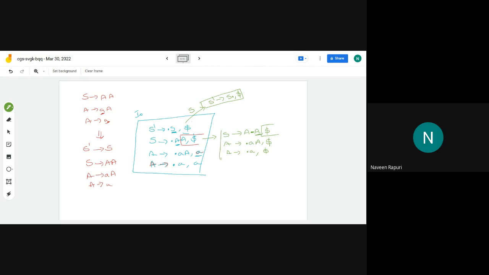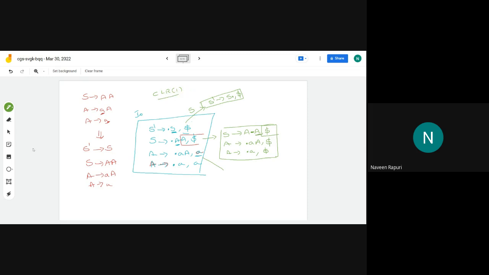So this is another item. Sir, what are we trying? We are trying to check whether the given grammar is CLR1 grammar or not.